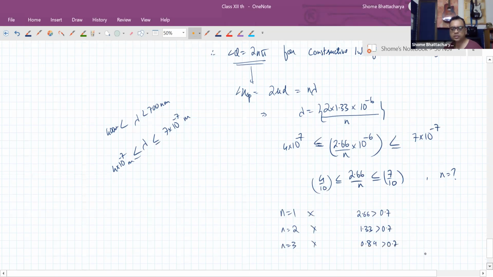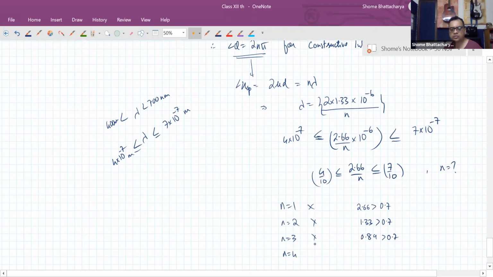But you take n equal to 4, okay, so I think that will fit the case. Yeah, you get 0.665, which is less than 0.7 and greater than 0.4.